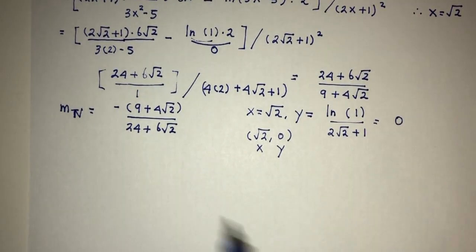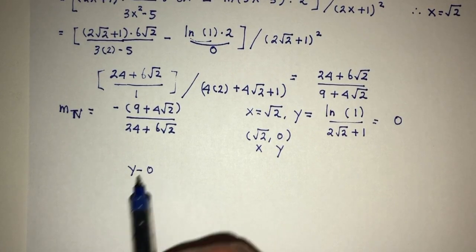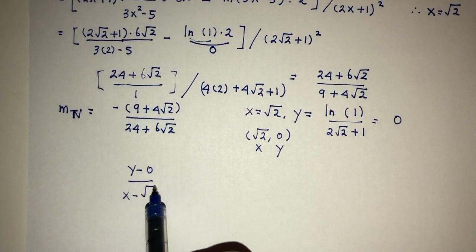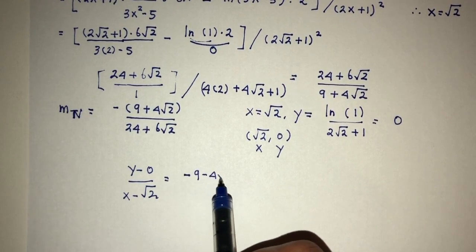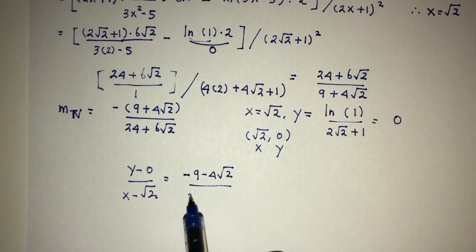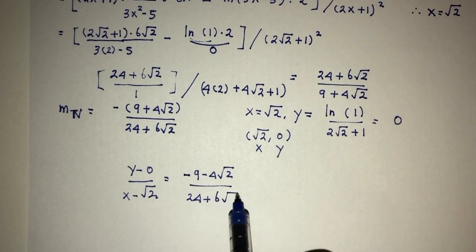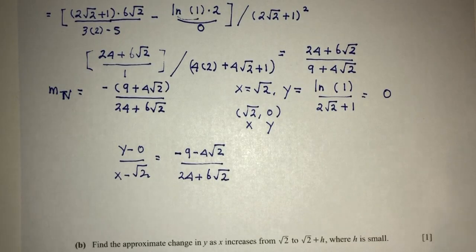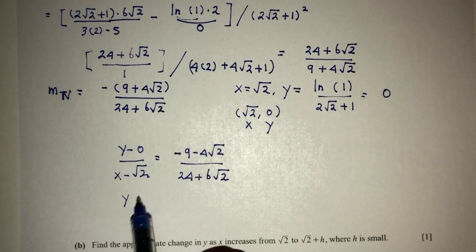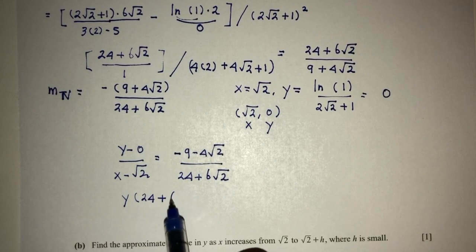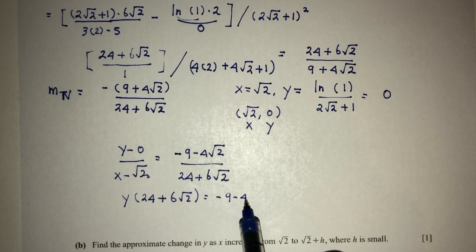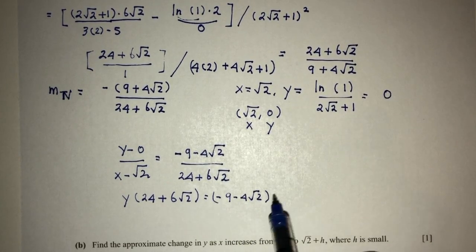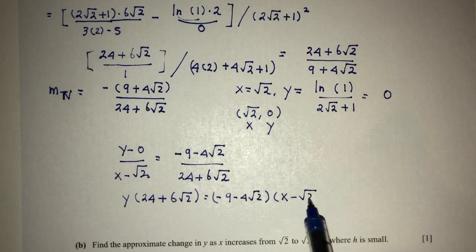So now to find the equation, we have to do y minus 0, x minus root 2, will be minus 9 minus 4 root 2 over 24 plus 6 root 2. So now we have to cross multiply. You will have y here, that will be 24 plus 6 root 2 times y is minus 9 minus 4 root 2 times x minus root 2.